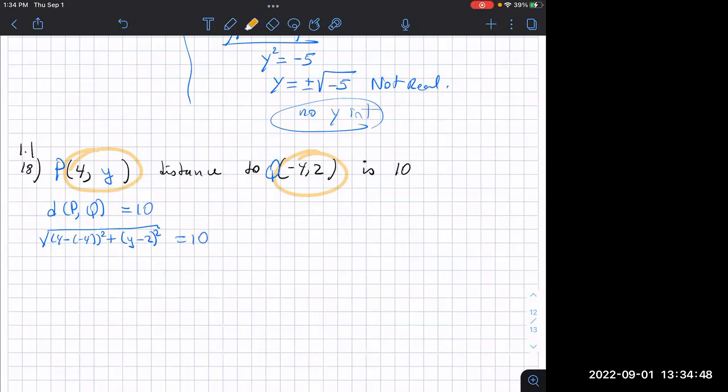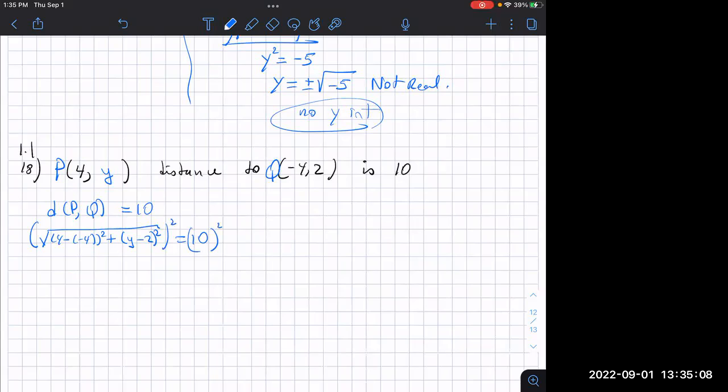Now you have an equation where the variable is y, so you want to solve for y. Because y appears in only one place, we want to isolate it. First get rid of the square root.